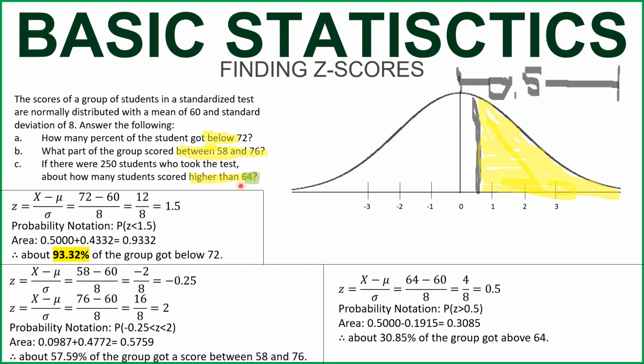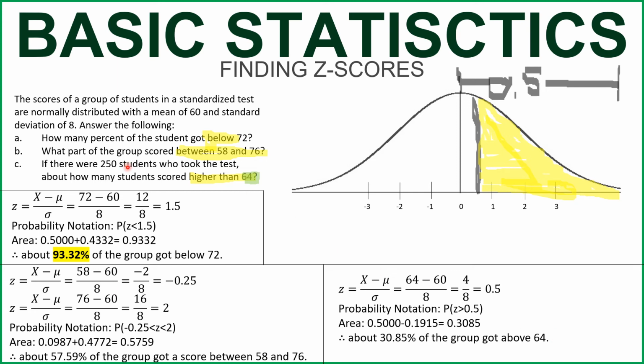Kung gusto mong malaman yung exact students na nakakuha ng above 64, all you have to do is get the percent, which is 30.85%, then multiply it by 250 para makuha mo kung ilang estudyante yung nakakuha ng higher than 64, meaning 65 pataas pala.